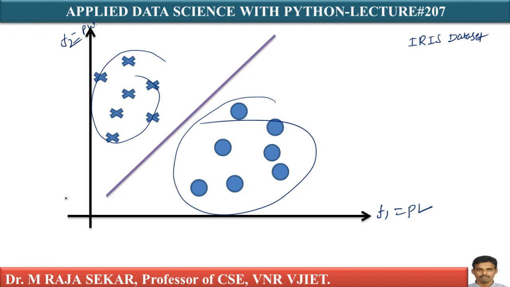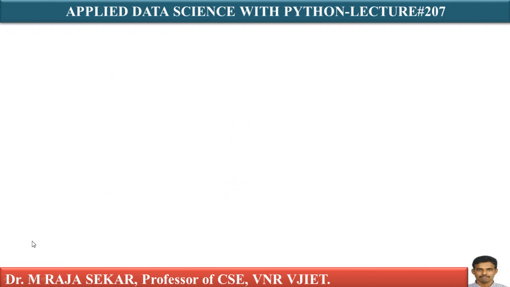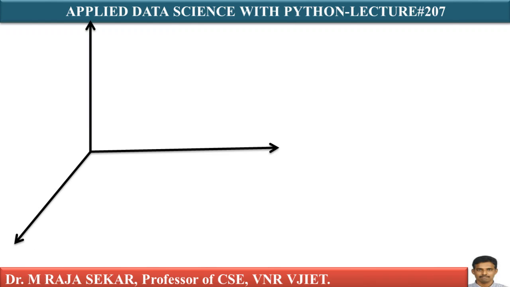This we could do in two dimensions, isn't it? Imagine if I have to do it in 3 dimensions, what would I do? If I have 3 features, let me assume this one is F1, this one is F2, this one is F3.